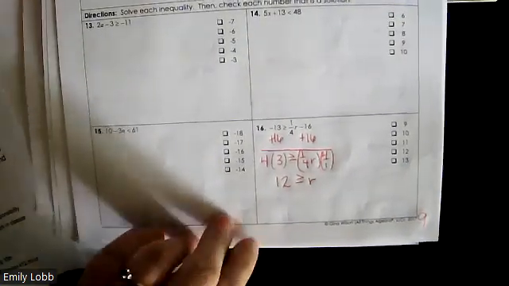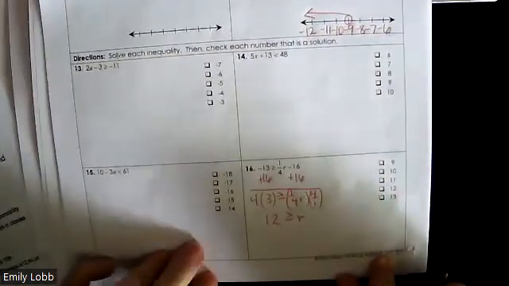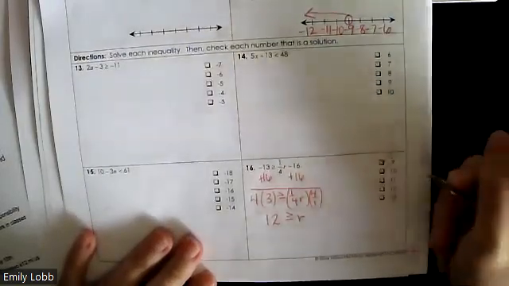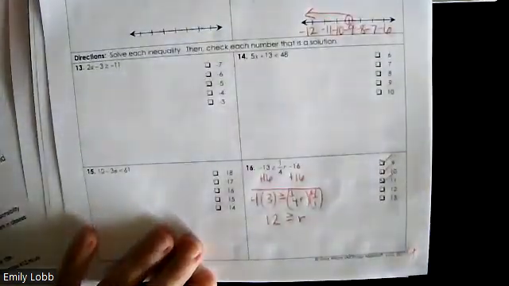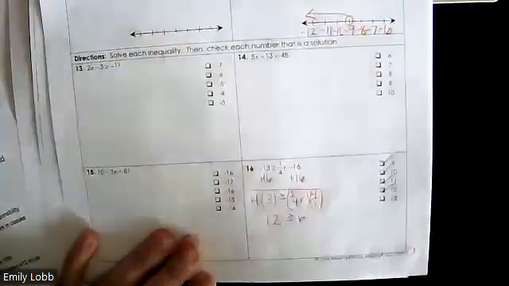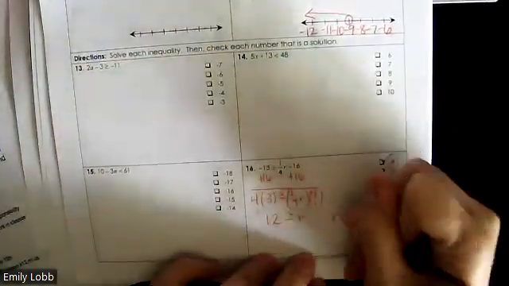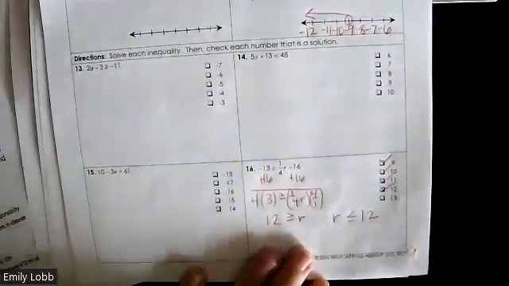All right. So is 12 greater than or equal to 9? Yes. Is 12 greater than or equal to 10? Yes. 11? 12 is greater than or equal to 11. It's greater than 11 and it's greater than or equal to 12. So it should be all of them except for 13. Remember, if it's easier for you to think of it as that number is less than or equal to 12, you could rewrite it that way.